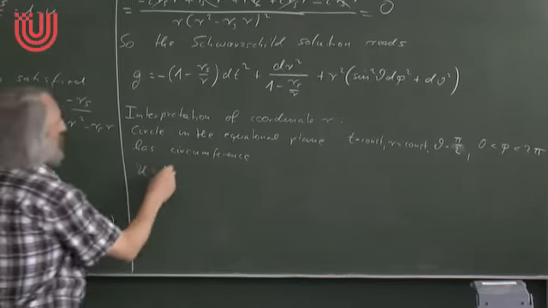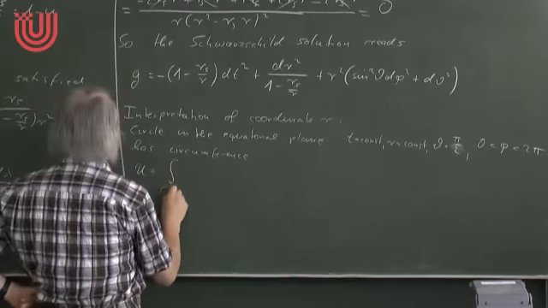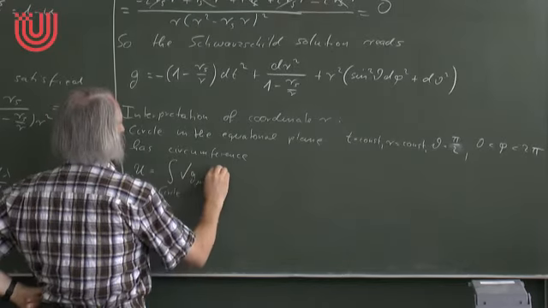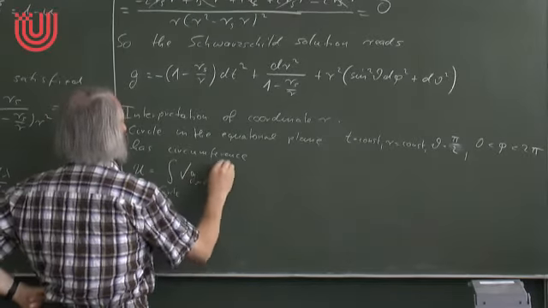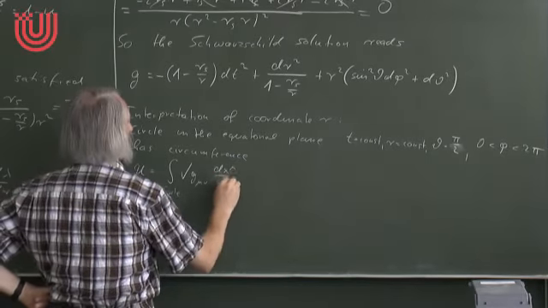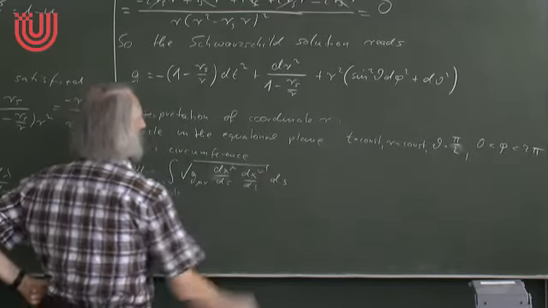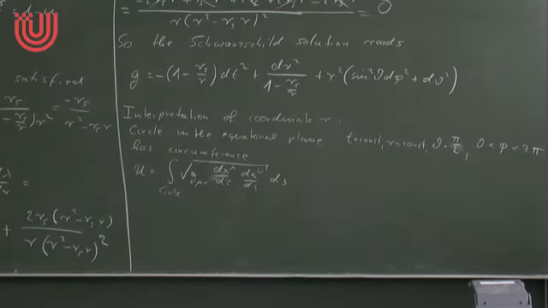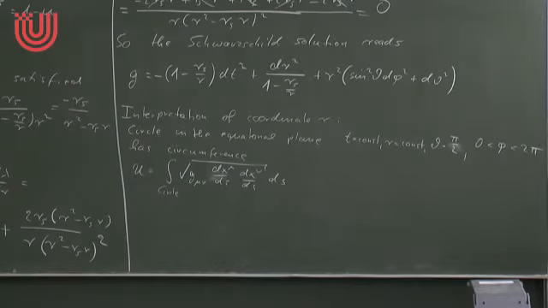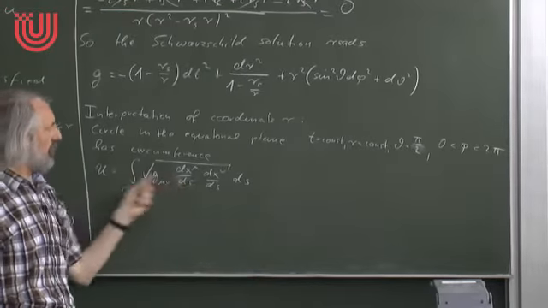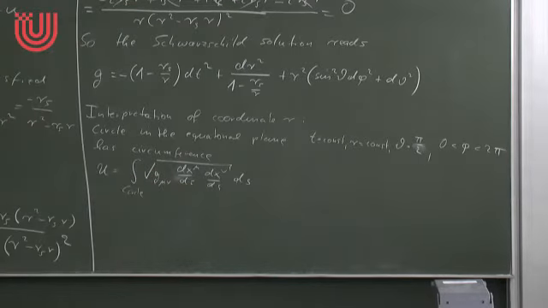So this would be the integral over the circle, where I have to write g mu nu dx mu by ds, dx nu by ds, ds, right? That would be the circumference of the circle. I have to measure the length with my metric. So this is a length element measured with a metric.